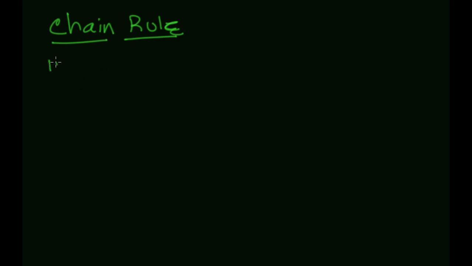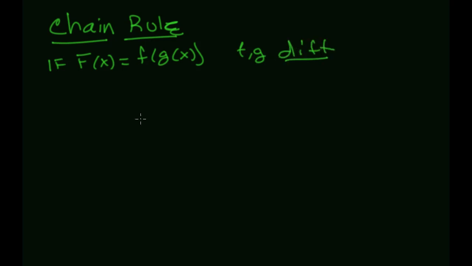So in the chain rule, you start with a function, we'll call it capital F, which is a composition of two other functions, and f and g have to be both differentiable. So you have to have a derivative at whatever point you're trying to do this at. Then F prime of x is going to be little f prime of g of x.